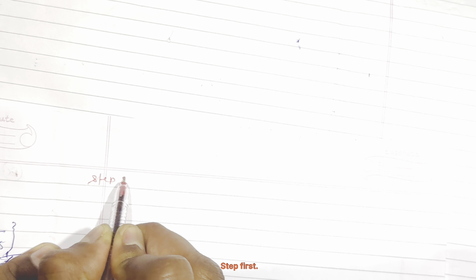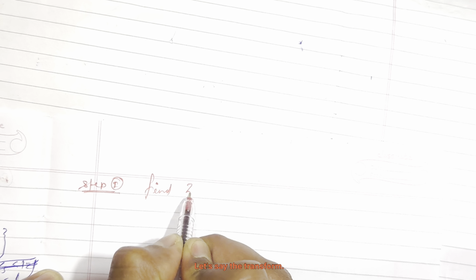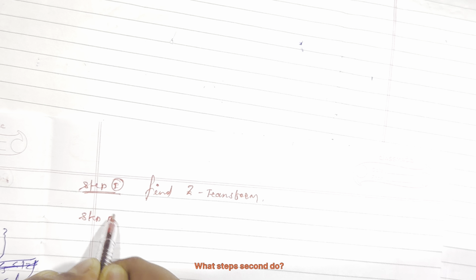Step first. What do we do in step first? Take the z transform of the given equation. Find the z transform. Step second. What do we do in step second? Substitute the initial conditions that are given in your example and write f of z.